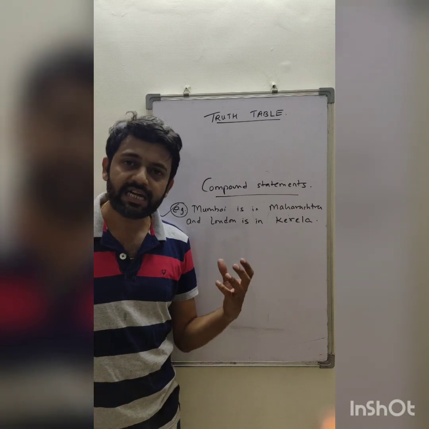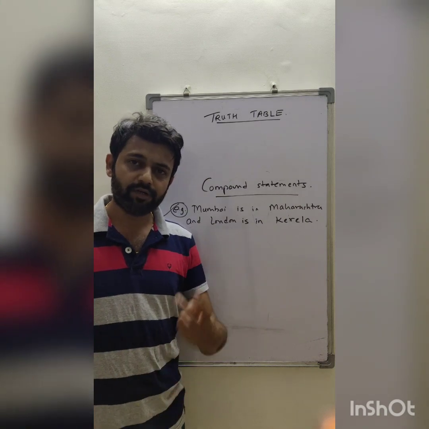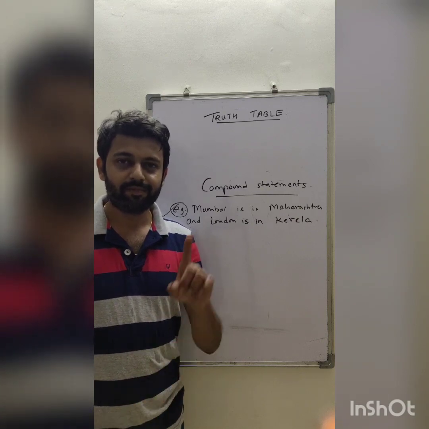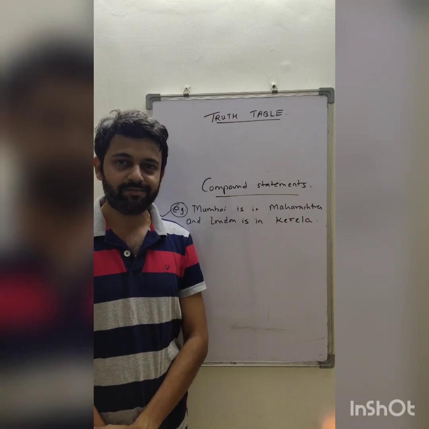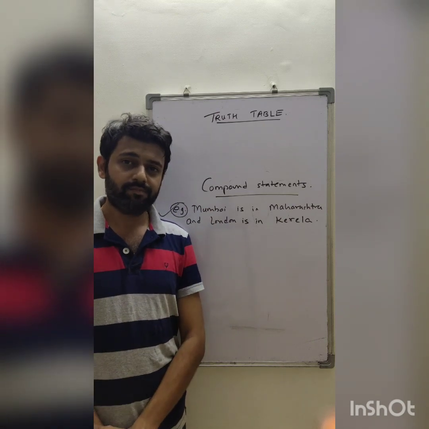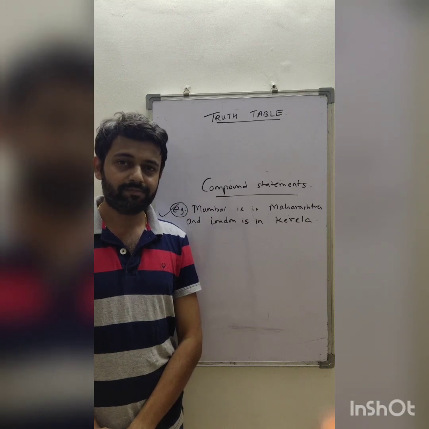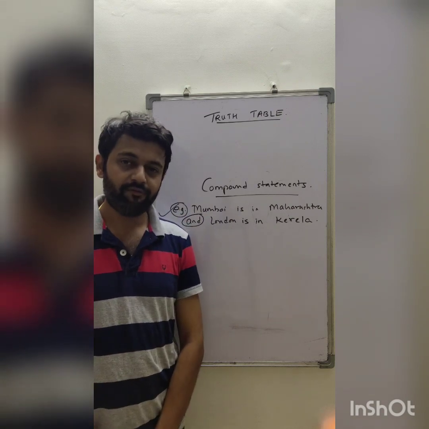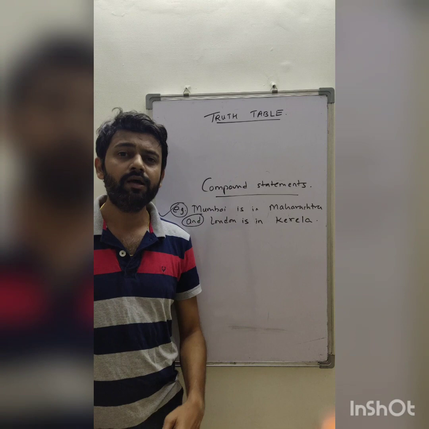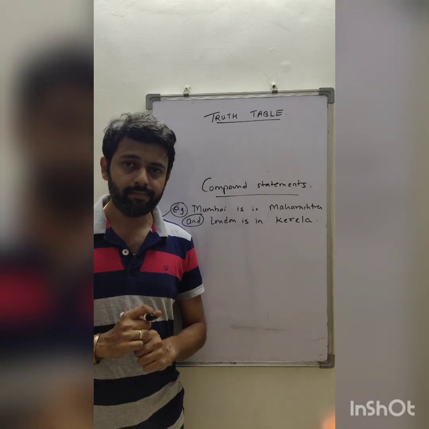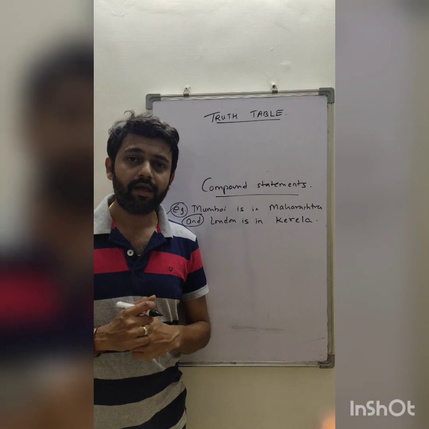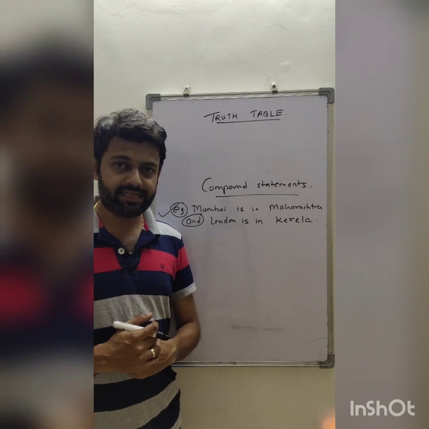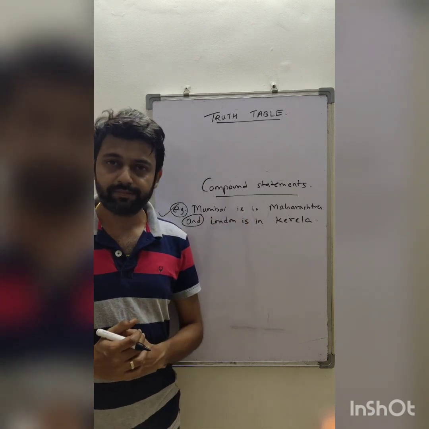A compound statement is a statement which is made up of two simple statements joined by, please do not say subordinator or coordinator. We are learning maths, so we use the word connective. Two simple statements, two atomic statements are joined by a logical connective, and we get a compound statement.